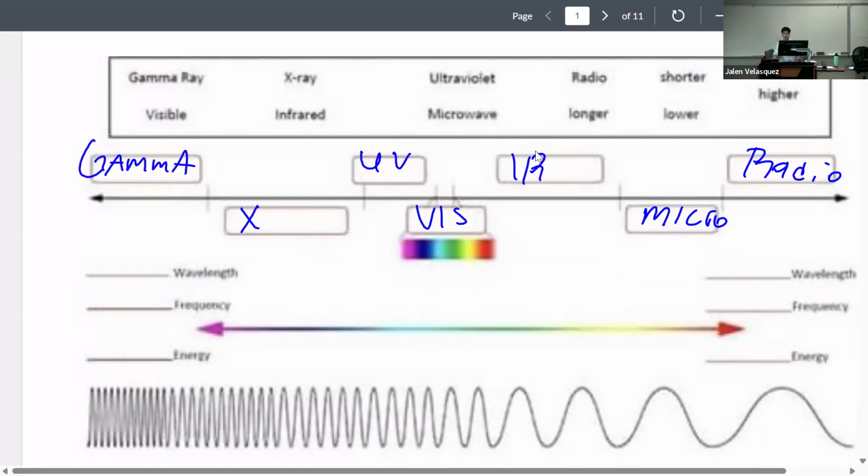Okay, so now for looking at the relations, right, we want to know about wavelength, frequency, and energy. So starting with the left side of the equation, right, and here we have an electromagnetic wave, right? What's happening to the wavelength as you get further to the left? Good, it's getting shorter.